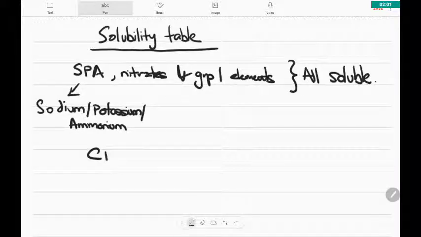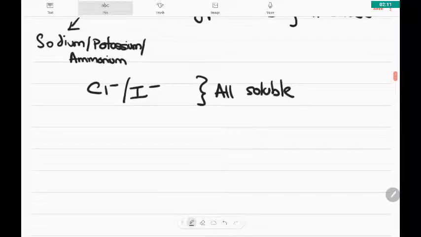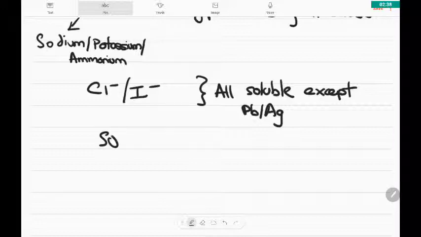Next, I will group the chlorides and the iodides together, and they are all soluble as well, except for your lead and silver, meaning sodium chloride, magnesium chloride, zinc chloride, any chlorides, they're all soluble except for lead chloride and silver chloride. These are insoluble. The same for iodides. All are soluble except for lead iodide and silver iodide. These two are insoluble.